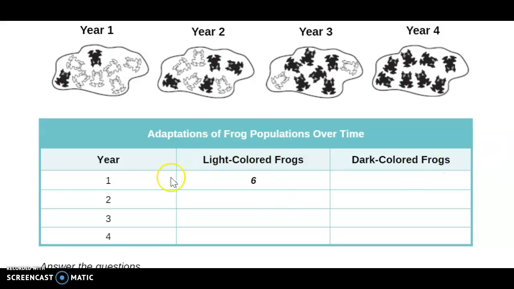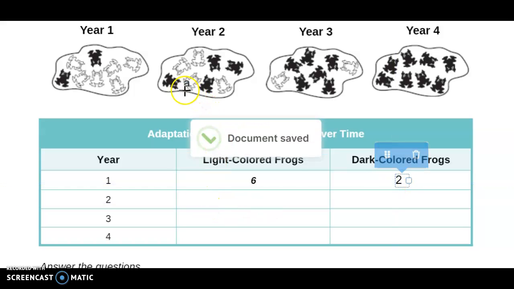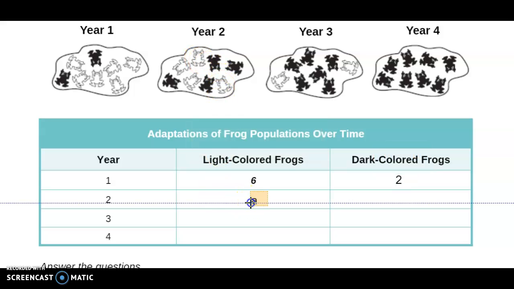So adaptations over time. How many light-colored and dark-colored frogs? Well, there were only 2 dark-colored that first year. And then the second year we have 1, 2, 3, 4 light-colored frogs and 4 dark-colored frogs.